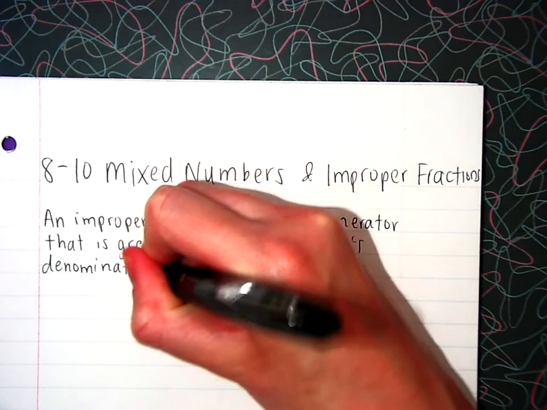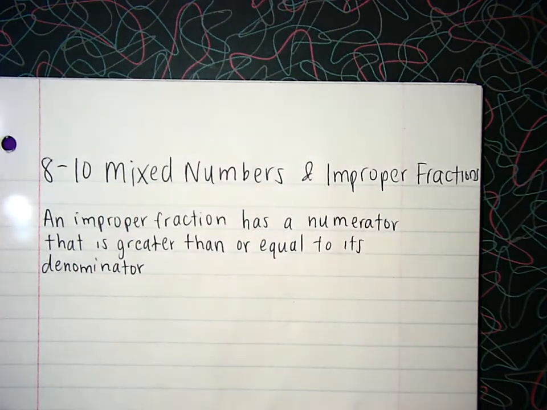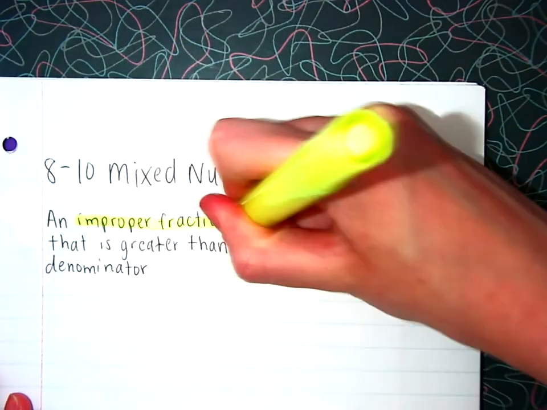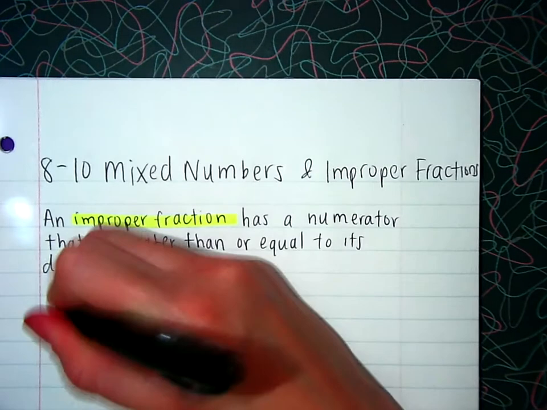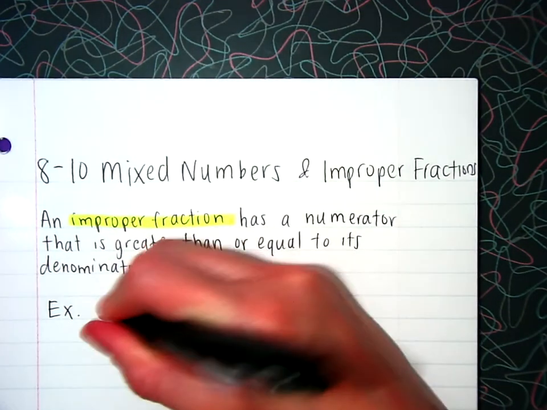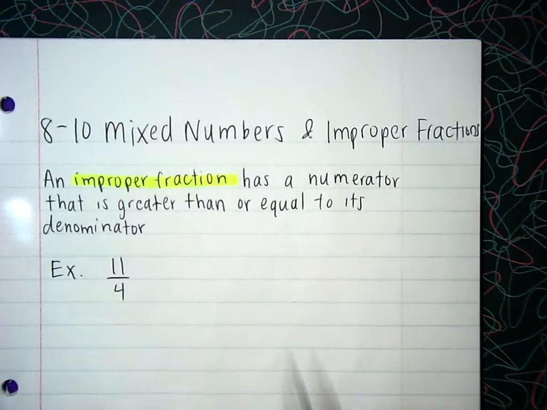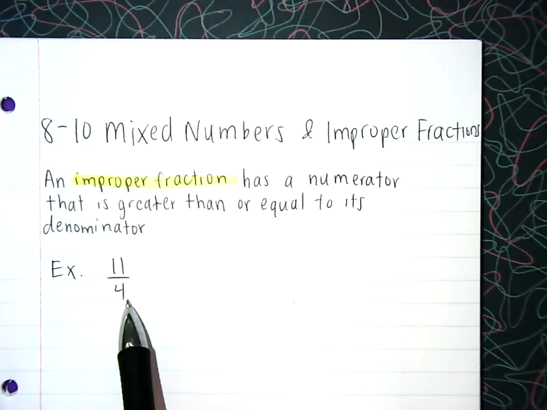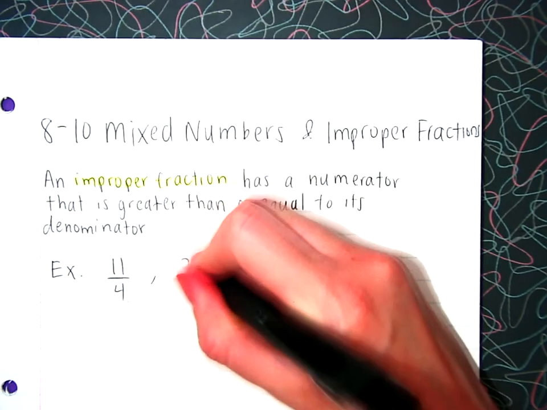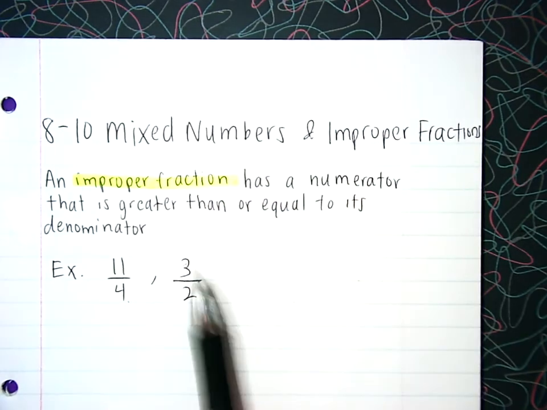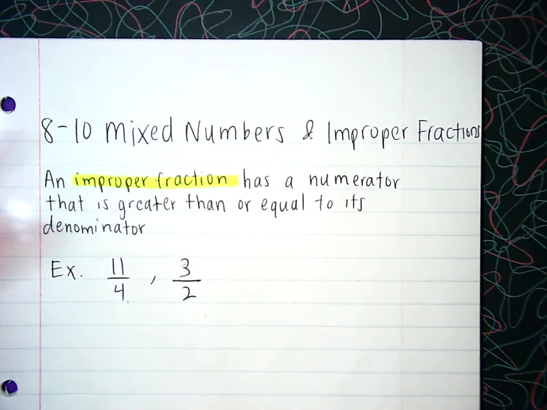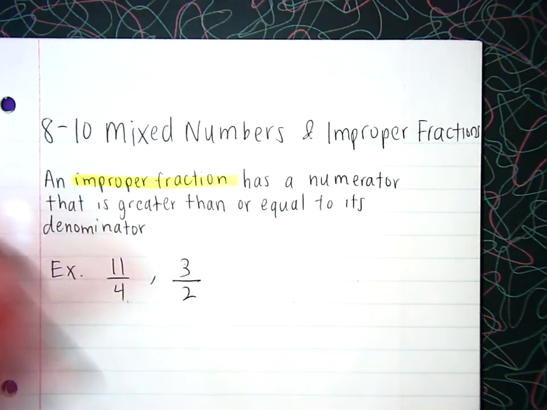So that is what an improper fraction is. An example of an improper fraction would be 11 over 4. The numerator is greater than the denominator 4. Another one would be 3 over 2. The 3 is the numerator and it is greater than the 2. So these are examples of improper fractions.